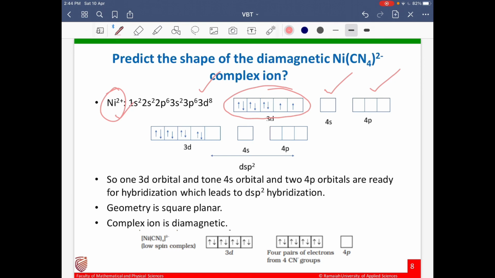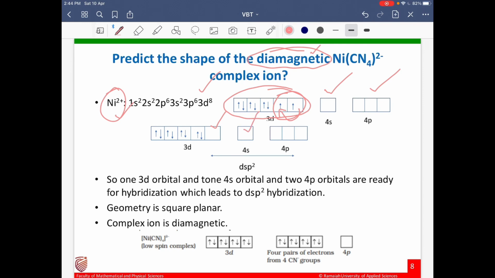Now we know that the magnetic property of this complex is diamagnetic, so there should not be any singly occupied orbitals, but we have 2 here. So in order to explain the diamagnetic nature properly, internal pairing happens inside the 3d orbitals. One electron in the 3d orbital goes into the other singly occupied d orbital. Now one d orbital is free, and one 4s orbital is free.